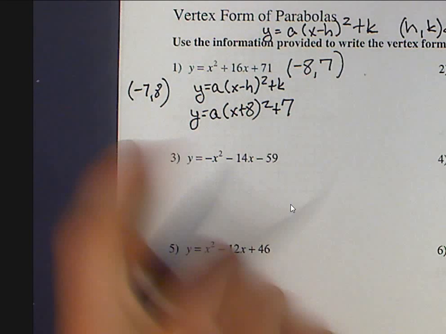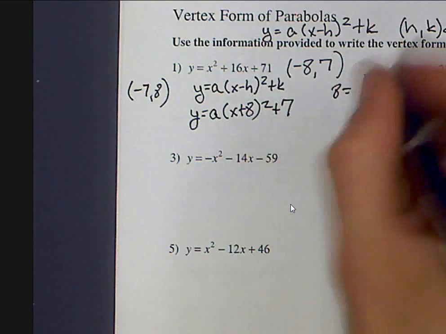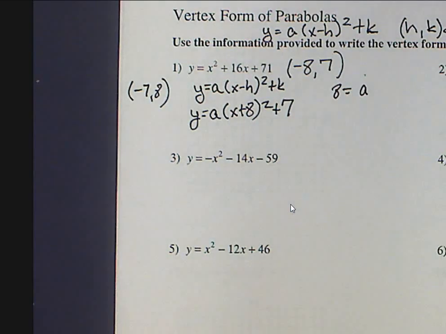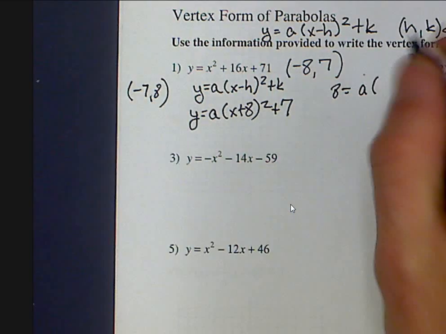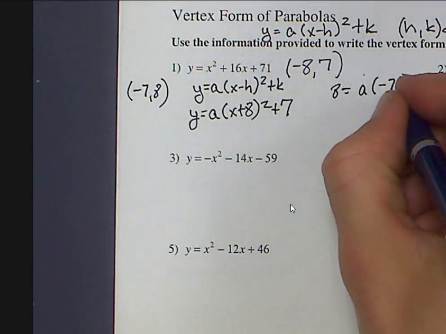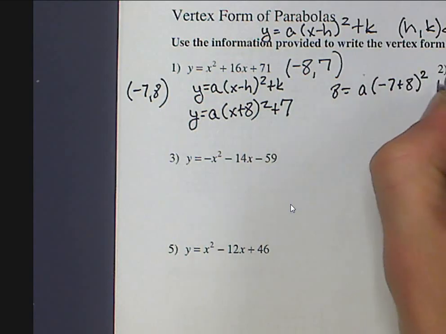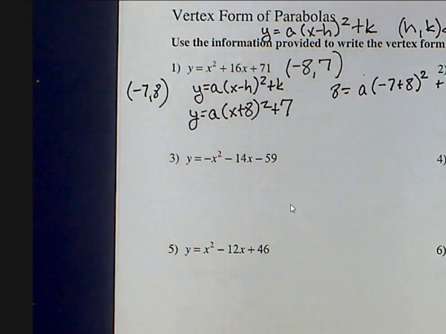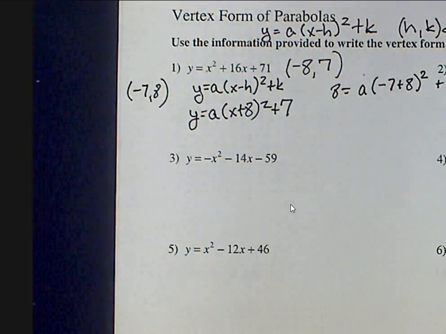So I plug in 8 for my y. I keep my a there because I haven't used anything with it yet. My x value is negative 7, and I already had the plus 8 squared plus 7. And now it just becomes a simplification order of operations deal.